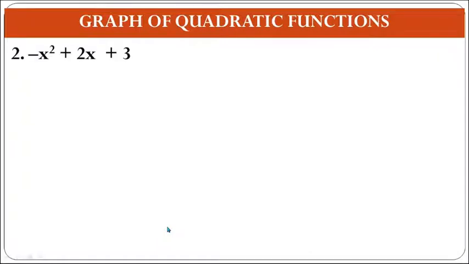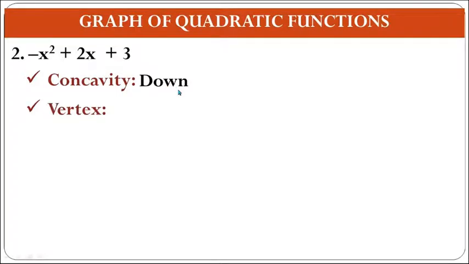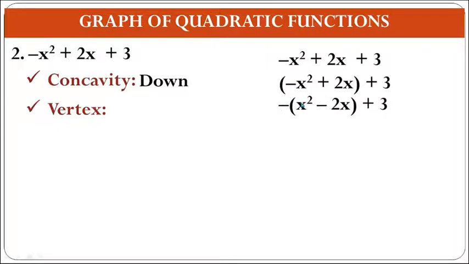Another example. The concavity: as you can see, yung ating given is negative x squared. Negative siya, therefore yung ating parabola opens downward. Vertex: ito yung ating given. Then i-group, ialisin natin si negative dito kay quadratic term. Ilalabas natin, then nagiging minus na ito dahil when you multiply this one, magbabalik dito.